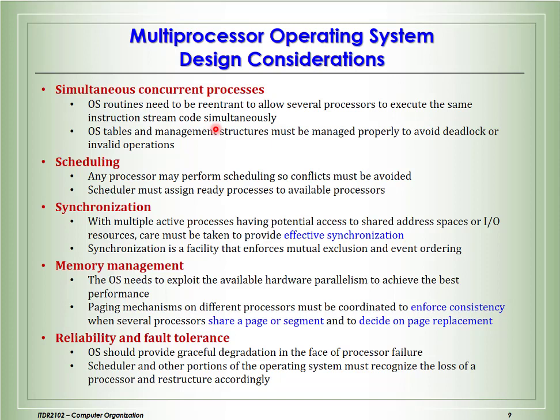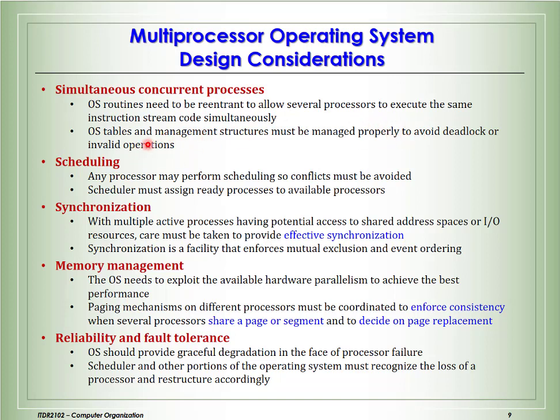We know that at the same time multiple CPUs can execute processes. So we need to keep in mind that the operating system should facilitate multiple execution on the processors, and for this purpose it needs to allow several processes to execute.